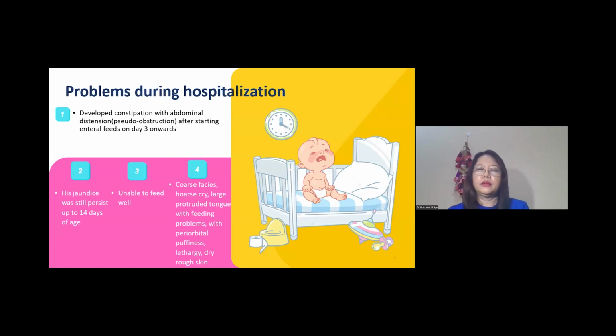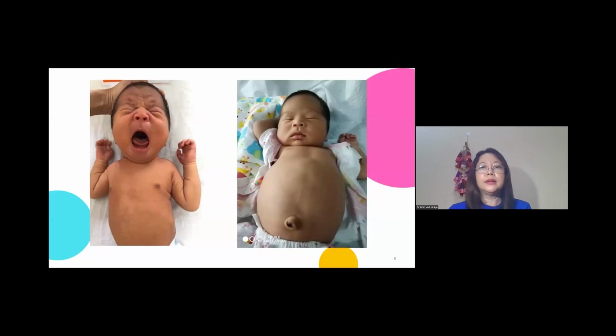From 10 days onwards, we noticed a coarse facies, hoarse cry, large protruded tongue with feeding problems, periorbital puffiness, lethargy, and dry mottled skin. This is a picture of the baby: you can see the coarse facies, the protruded trunk, the dry mottled skin, and the distended tummy.